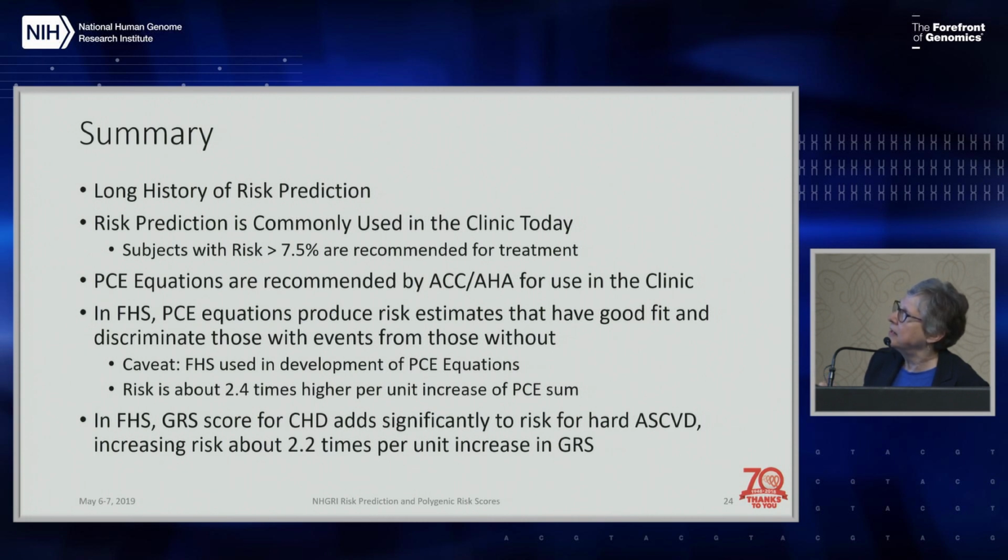And the ACC-AHA is hoping that these PCE equations are used in the clinic. We found in Framingham that the PCE calculation, the 2013 estimates, fit well in the data and discriminated as well, with a risk of about 2.4 times per unit of PCE. And additionally, the GRS, the genetic risk score, also added significantly to the risk for atherosclerotic CVD, increasing the risk about 2.2 times.